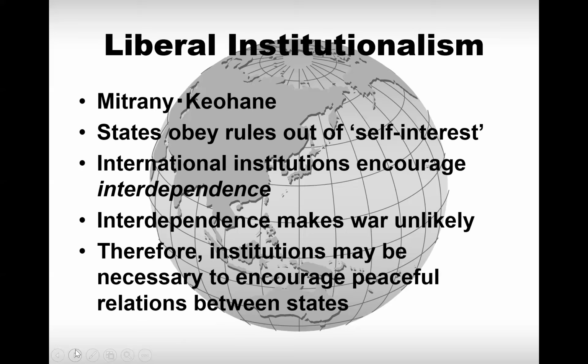So if we look at Japan and the United States, we see that their economies are interdependent. And although they went to war from 1941 to 1945, a repeat of this war is almost unthinkable today. Advocates of interdependence argue that the same could possibly be true with the People's Republic of China.